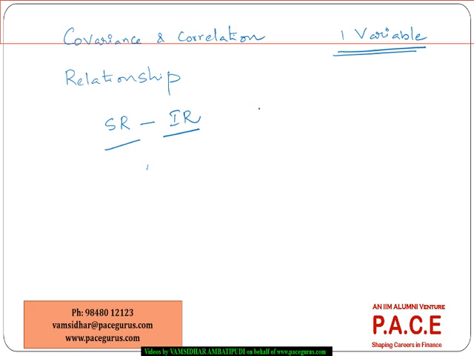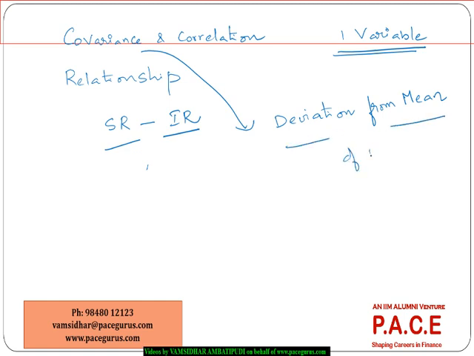And if I'm trying to understand the variance with respect to two variables at a time, that is what we are calling the covariance. So I'm not looking at the deviation from the mean of one variable. Here I'm looking at the relationship between the deviation from the mean of two variables. I take two variables at a time, and see how the deviation from the mean for each of these two variables is changing.